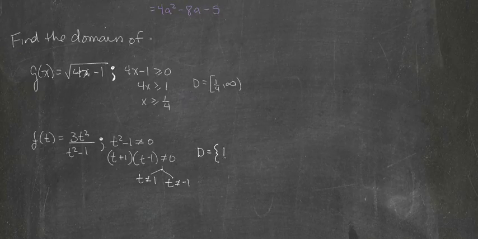So the domain is all the elements of t such that t does not equal -1 and t does not equal 1, and t is an element of, now what are we looking at here? Are we talking about the real numbers? Are we talking about the integers? What are we talking about?